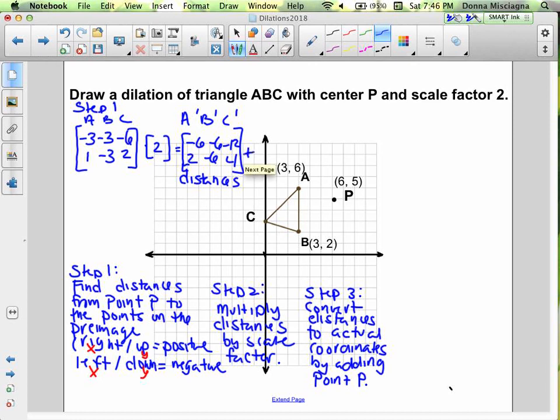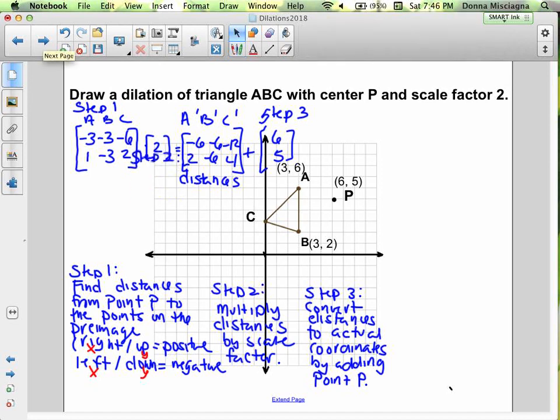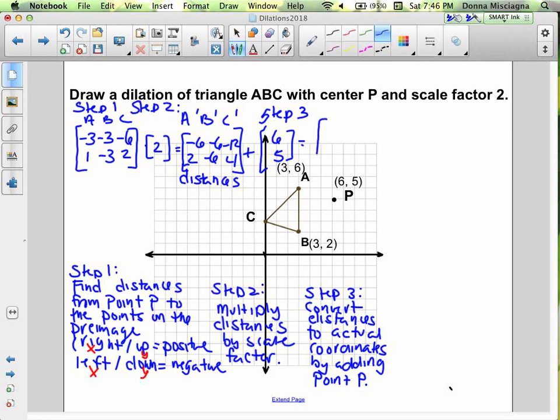We're going to add 6, 5 to everything, so that's step 3. Oh, and I didn't label it, but this was step 2. Maybe I'll put it over here. Step 1, step 2, step 3. That's going to be our actual A prime, B prime, C prime.